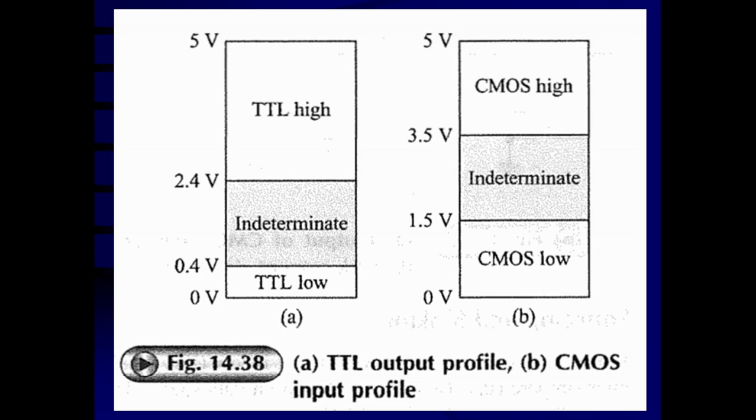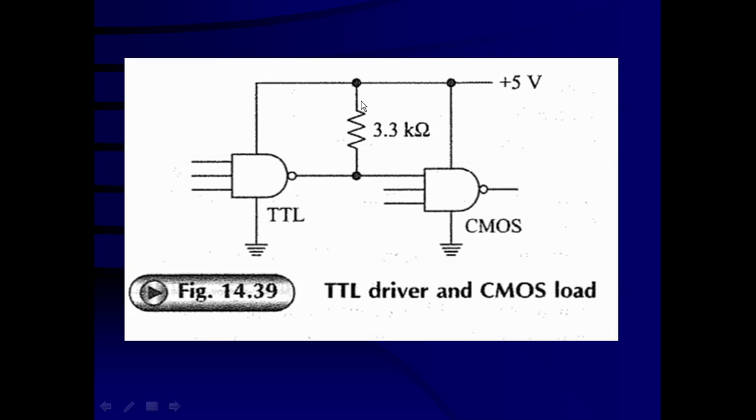So we have seen that in this circuit, there is a resistance between this TTL output and CMOS input. This resistance of 3.3K is connected between the VCC and output of the TTL. So this resistance is known as a pull-up resistance.